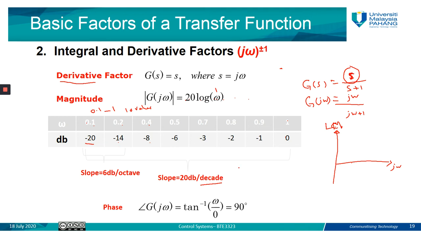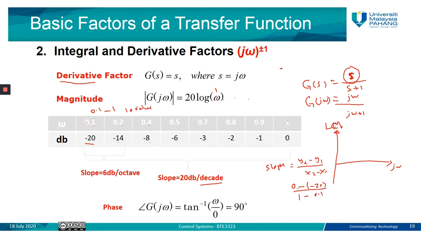So the slope of our line for the log magnitude here will be positive 20 dB. If you want to find the slope, it is usually equal to y2 minus y1 over x2 minus x1. For example, here y2 in our case is 0, so it will be 0 minus negative 20, over x2 minus x1, which will be 1 minus 0.1.